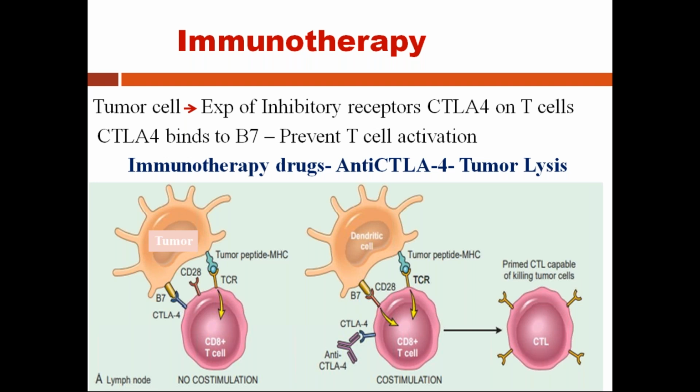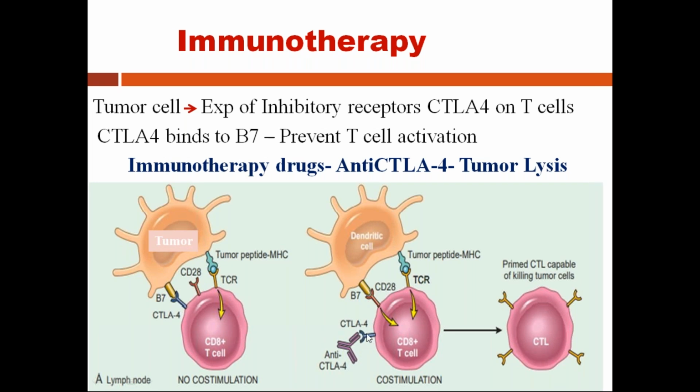Okay, so they have designed certain immunotherapy drugs which have anti-CTLA4 activity. The anti-CTLA4 drug binds to that inhibitory receptor, which prevents the activation of the PI3K signal transducing pathway.